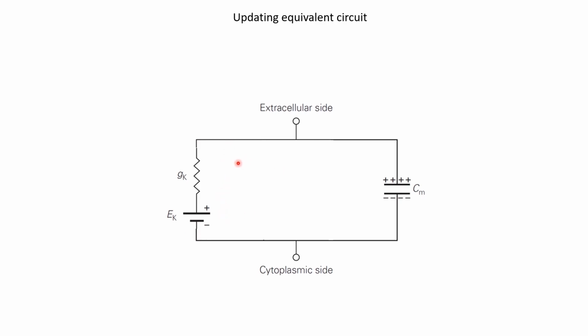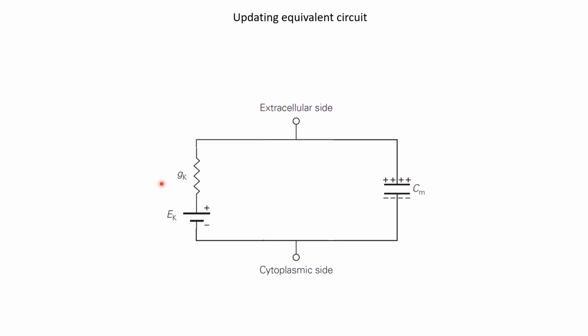Note that the voltage difference between inside and outside, whether we look at it through the capacitor, in which case this is the membrane potential, should be the same as the voltage difference between this point and this point. So Ek and the voltage drop across the ion channels combined should be equal to the membrane potential. And if the membrane potential is the same as Ek, then there is no voltage drop across the ion channels and therefore no net current for potassium.